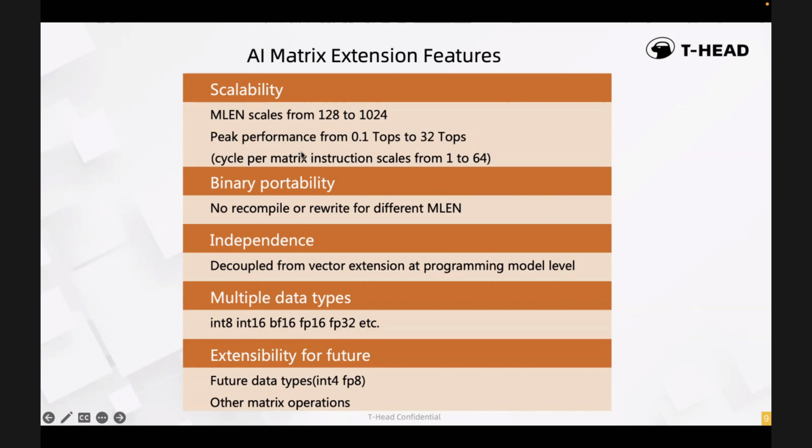The execution supports binary code portability. When mlen is changed, no rewrite or recompile is needed to execute binary code.